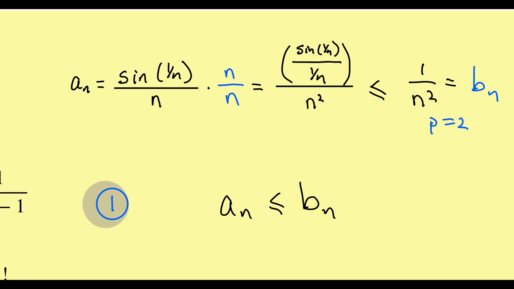And the fact that we just made note of, sine of 1 over n over 1 over n is less than 1. Hence, we have our AN term being less than or equal to BNs, where the BNs we know is defining a p-series which converges.